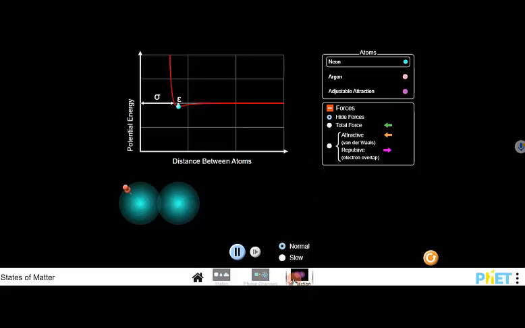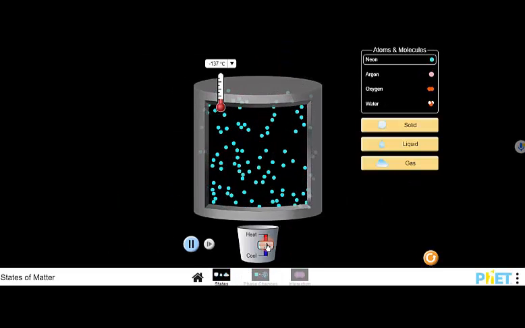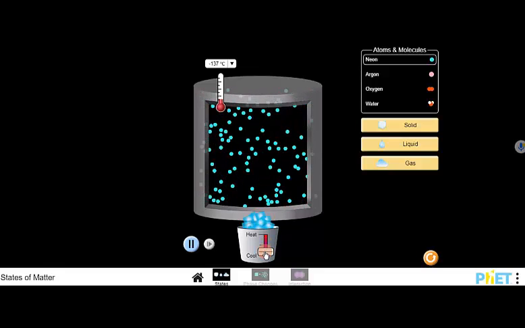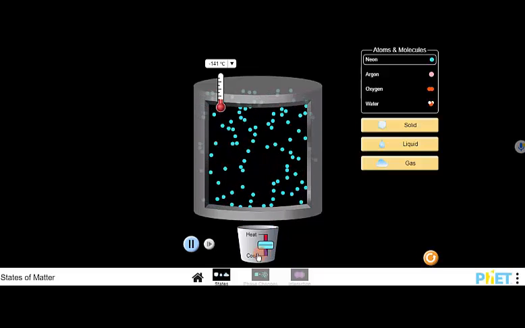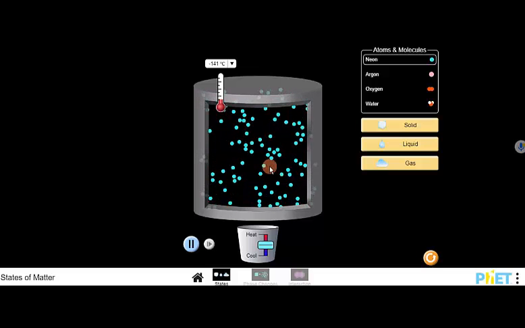There are options for you to take it to higher classes or to lower classes and show them how molecules behave with changing temperature and changing pressure. So this relationship can be taught very well using this kind of simulation.